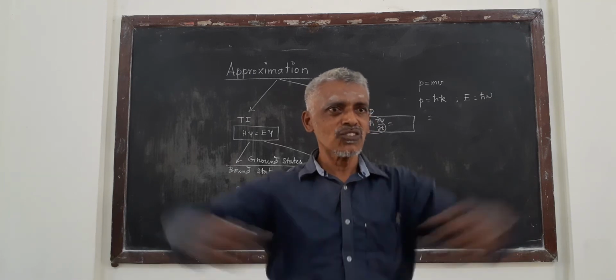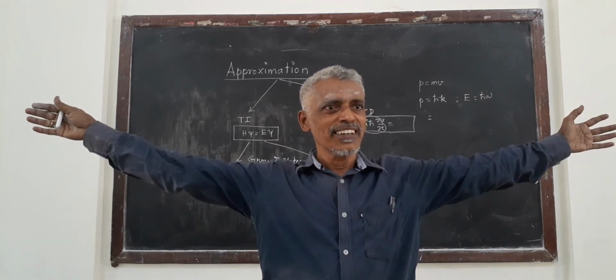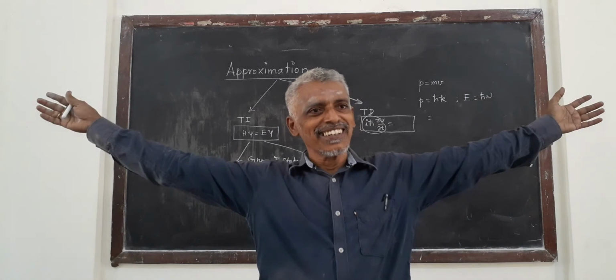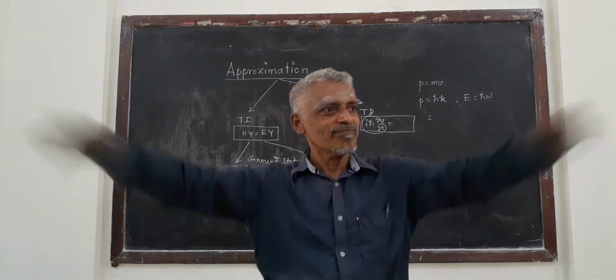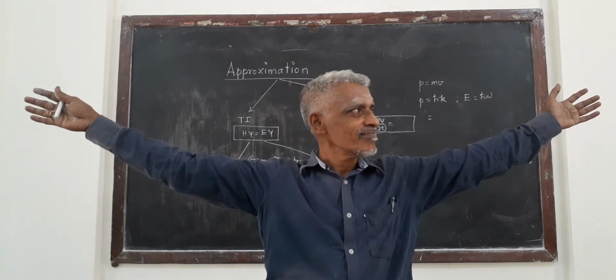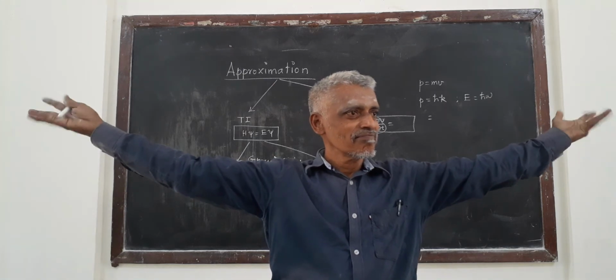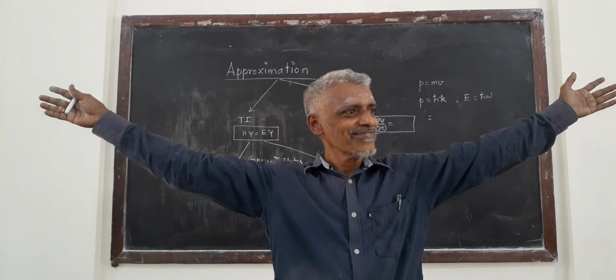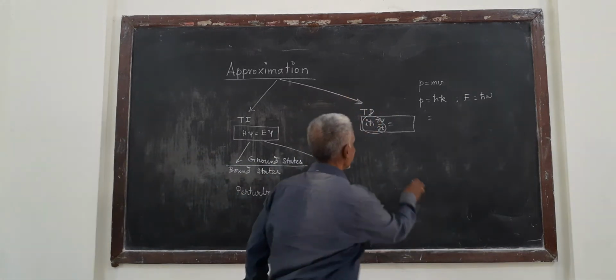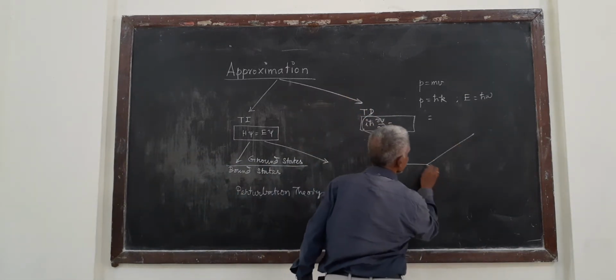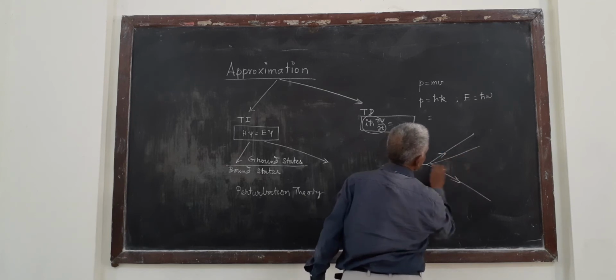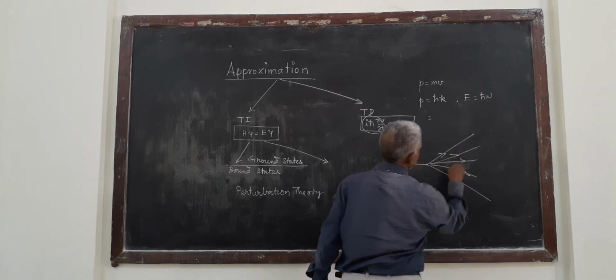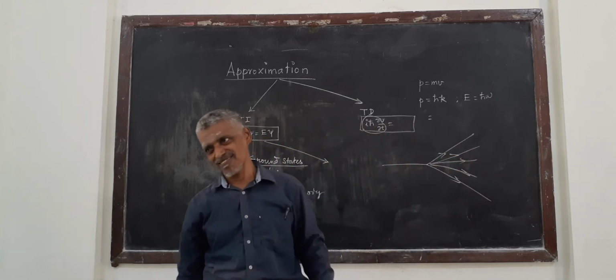Bound states, and this state is unbound states. Scattered states.